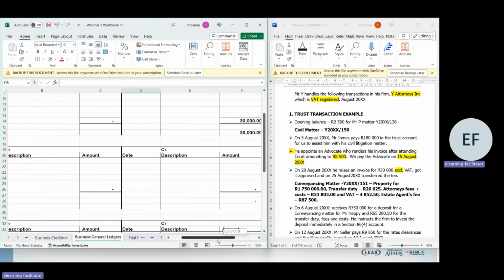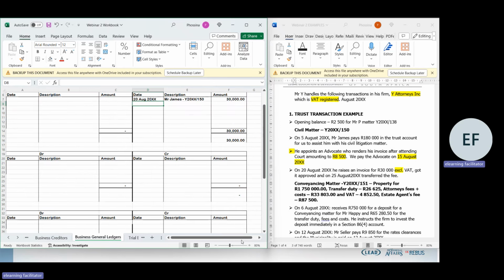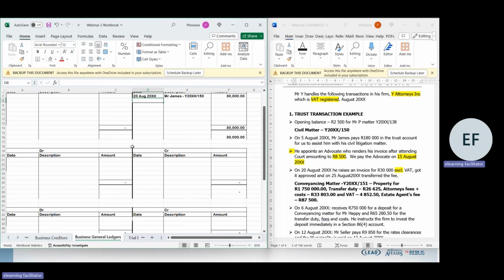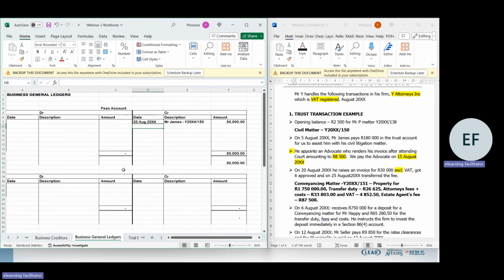And then the next thing, we can then record, minimize, so that you can see the holistic picture. And then we record, this is our fee account. We can then record our VAT. So VAT, whether it's a debit, it's a credit, everything we record in one account.